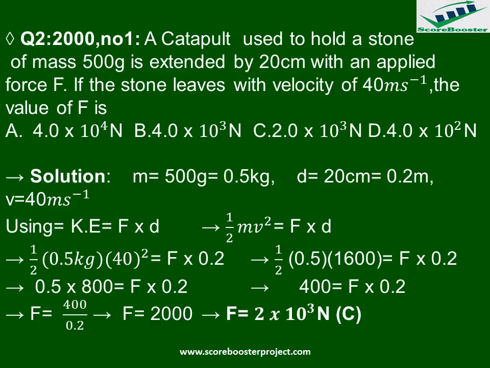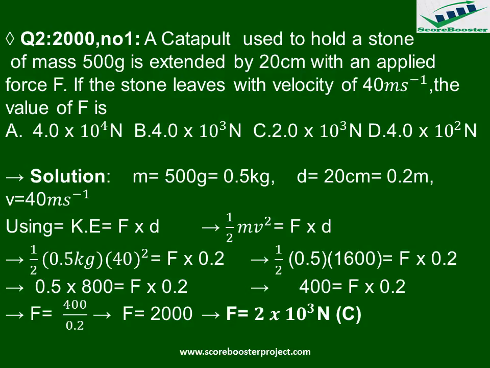Now the next question we shall be considering comes from year 2000, number 1, and the question goes thus: a catapult used to hold a stone of mass 500 grams is extended by 20 centimeter with an applied force F. If the stone leaves with velocity of 40 meters per second, the value of the force F is dash.